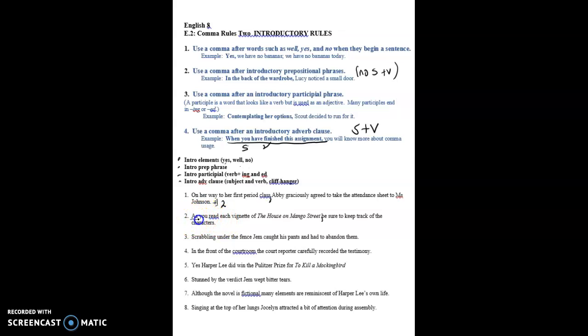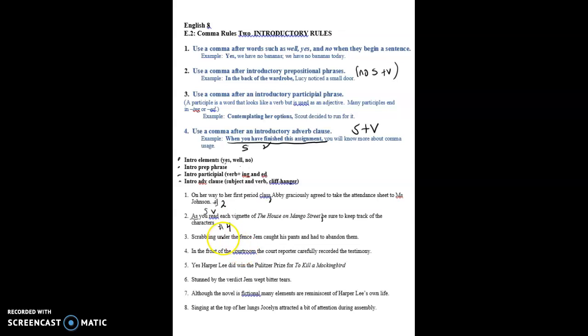As is not an intro preposition. It's not a participial because as is not a verb. So it leaves only an intro adverb clause. Let's check. Does it have a subject and a verb? It does. Okay. So that's going to be rule number 4.